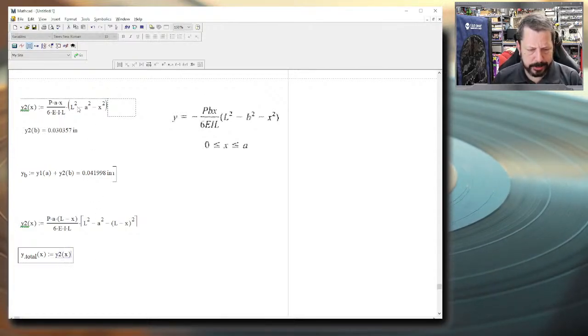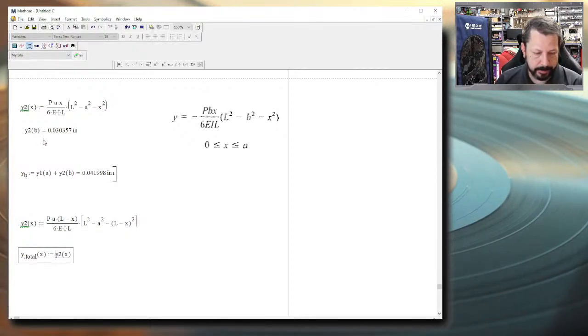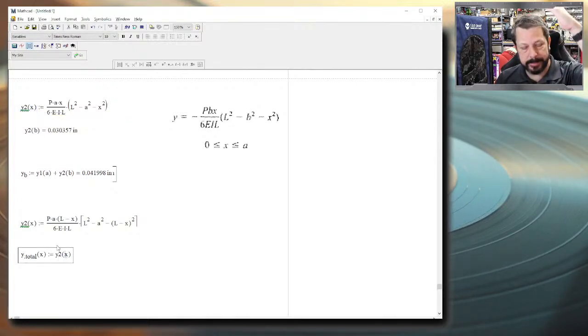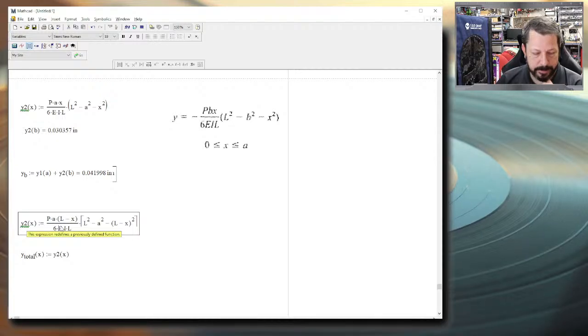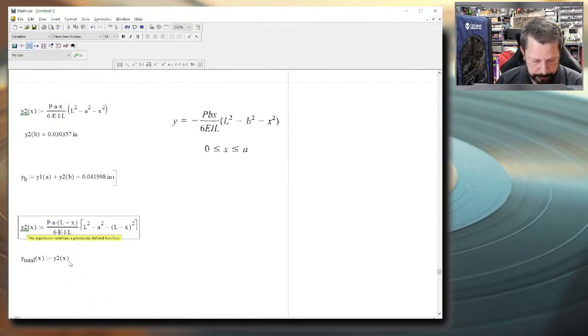Now I already had a y2, but the way MathCAD works is the one furthest down the page is the one that's active, or rather, if I write below it, it uses this one. It looks where you're at, and it looks up to find the definition, and the first definition it finds is the one it uses. So if I'm right here, it'll look up to this equation and use that one. If you don't want to deal with all that, just rename them to different things. Plus y1 of x.